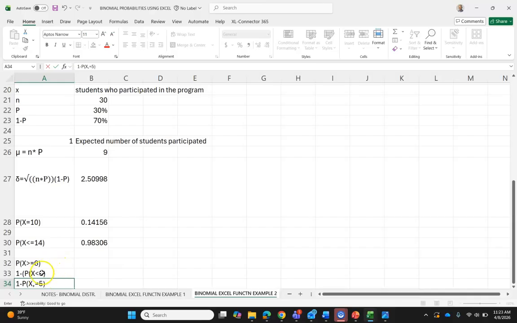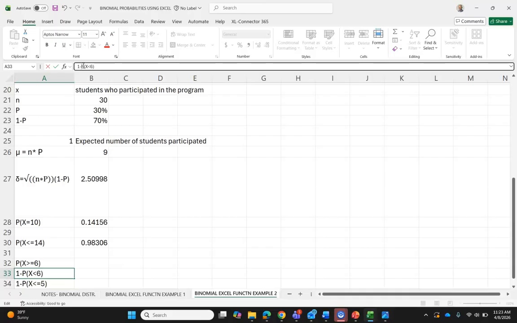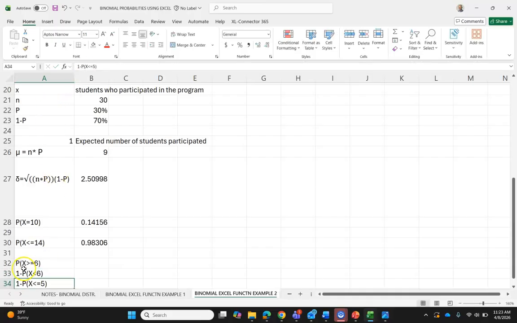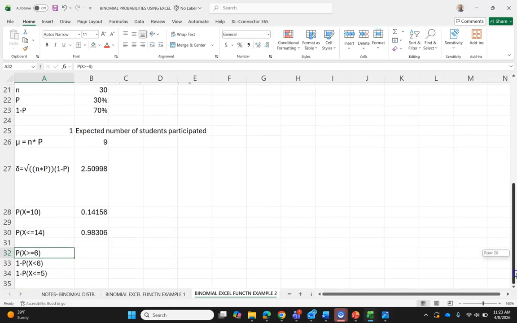So what is less than 6 starts from 5 and below: 5, 4, 3, 2, 1, and 0. So it should be less or equal to 5. So this is how we can rewrite this probability to satisfy the requirements of the binomial dist function.